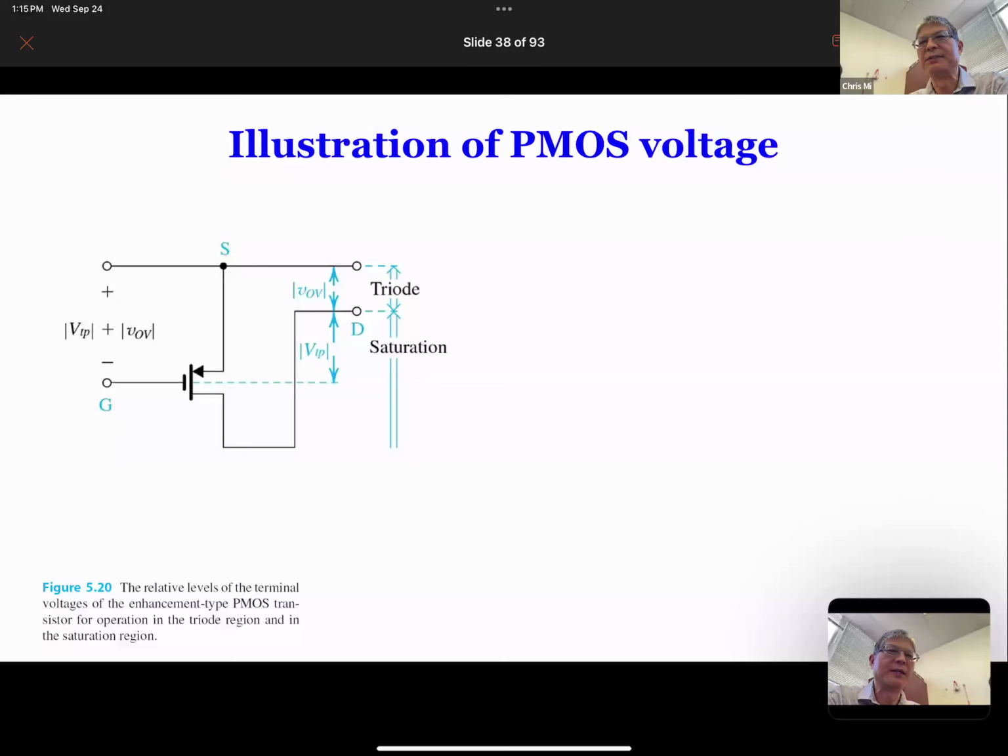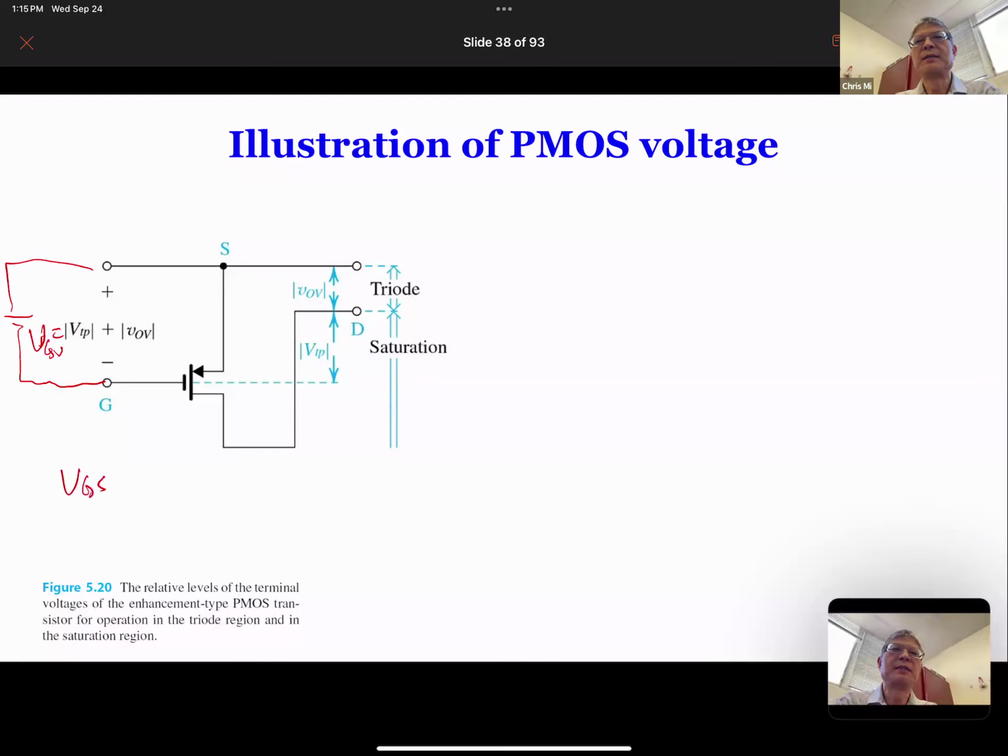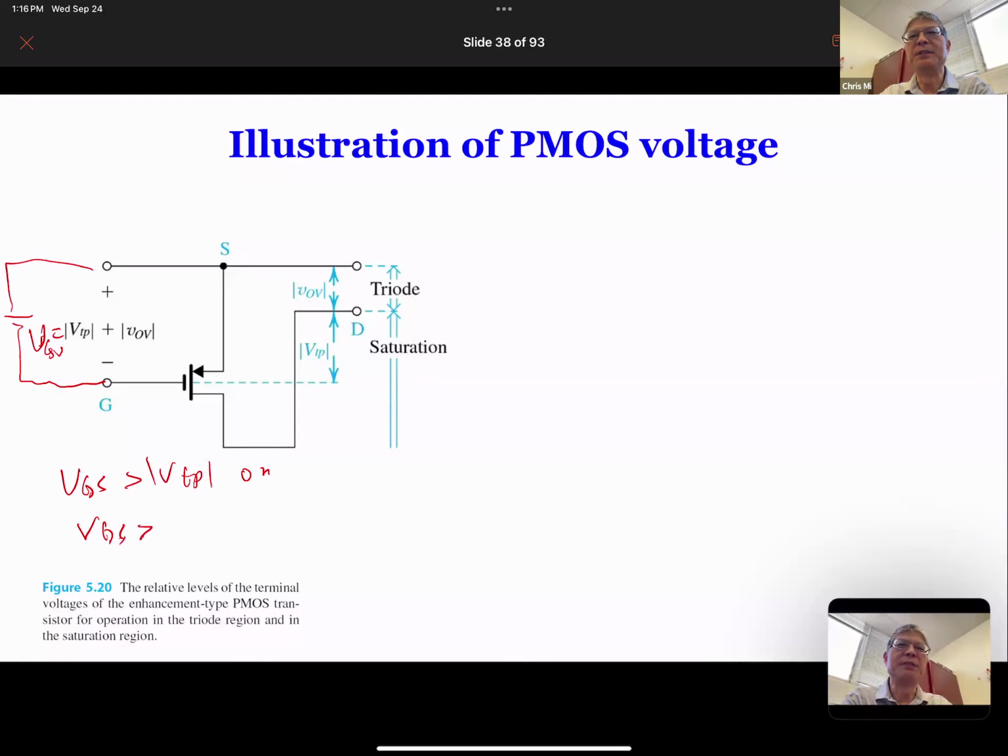This one gives you an illustration of the voltage levels, because VSG has to be larger than VTP in order to be on. Once on, VSG is going to be larger than VTP.